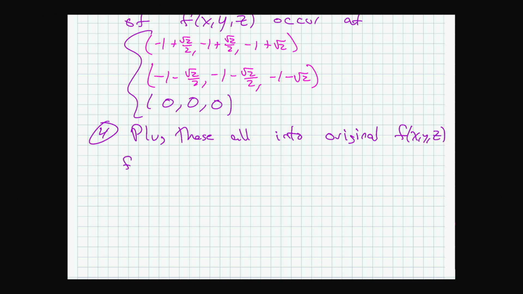So you get f of 0, 0, 0. Where's f? Oh, f was x squared plus y squared plus z squared.